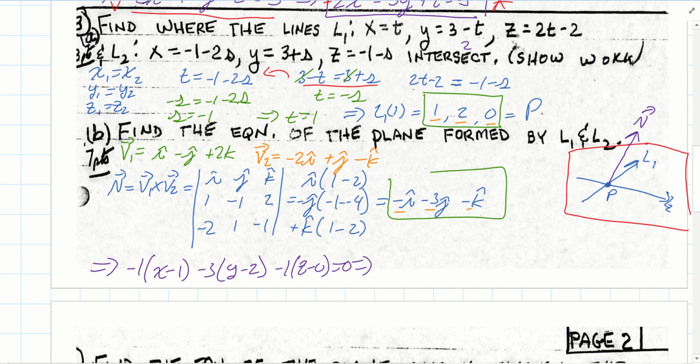Remember, distribute and then get all the constants on one side, all the x, y's, and z's on the other. So we'll have minus x minus 3y minus z equals, and we'll have 1. So we have positive 1. Yeah, so we'll have minus 1, and we'll have plus 6, so it equals 5.